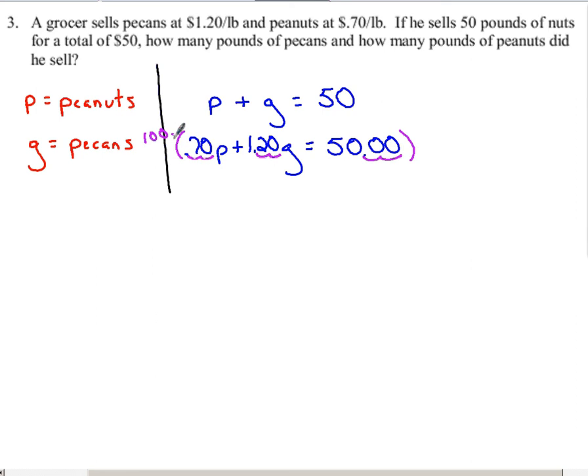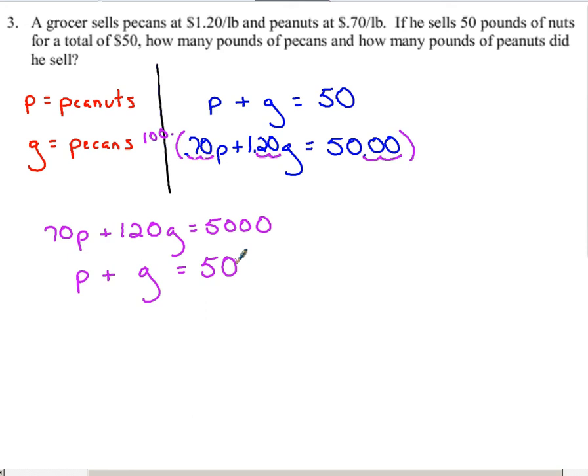If I do that, let me bring this down here. I've got 70p plus 120g equals 5,000. I've got my other equation, p plus g equals 50. Now, just to give us some variety and also a good way to review, let's do substitution on this one.